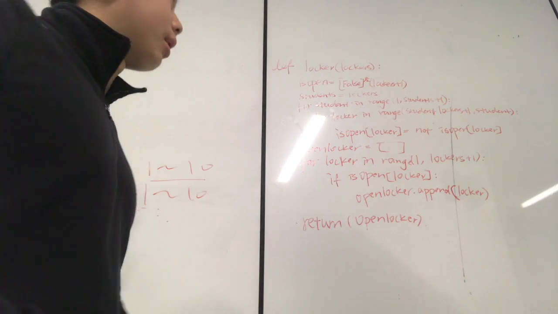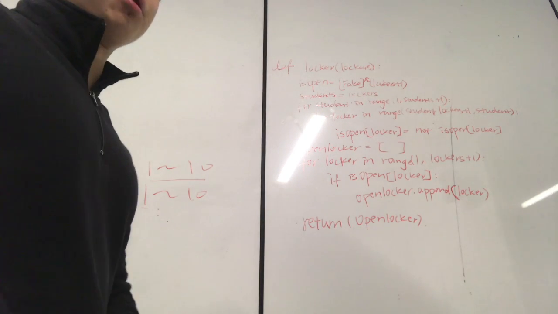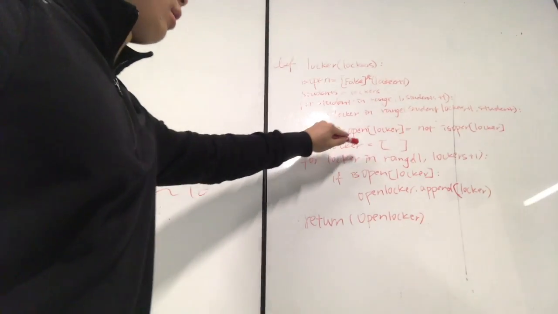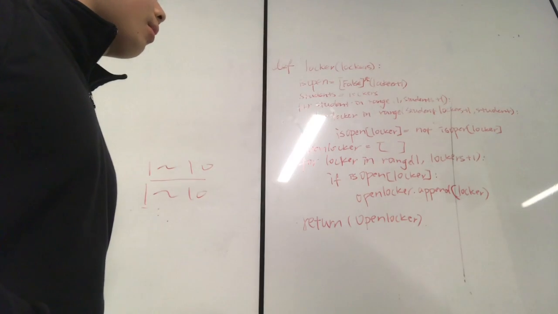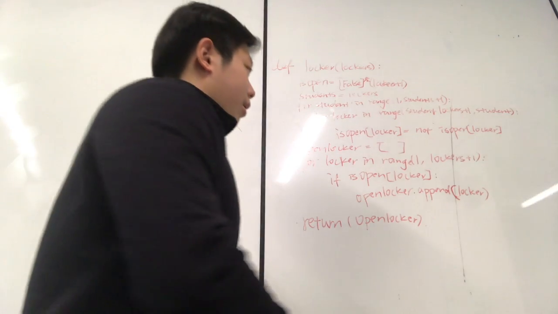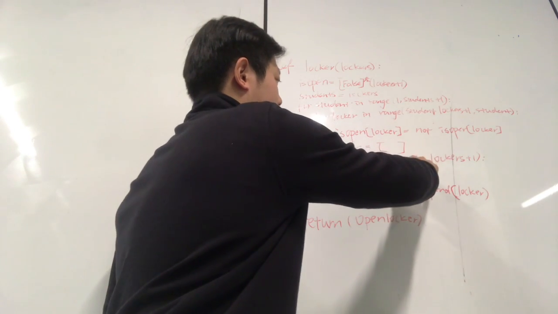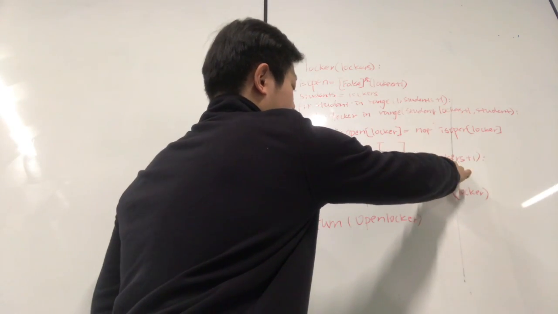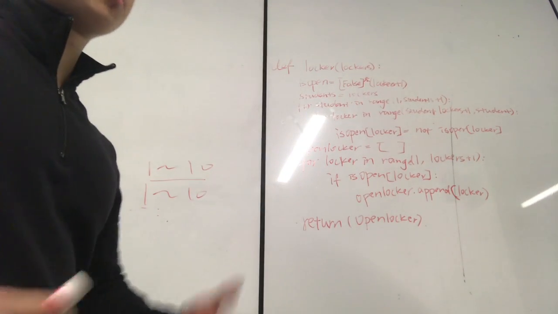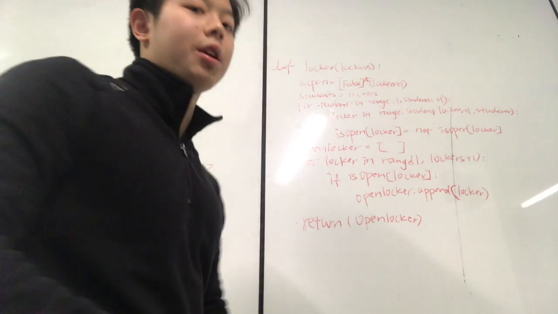Then we create a list to contain our open lockers, called open locker, which starts as an empty list. Then we simply go through every locker, from locker 1 to lockers plus 1, not inclusive, so up to the last locker we have.